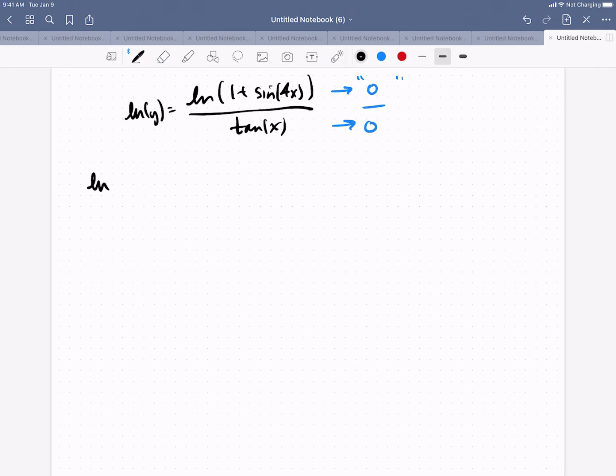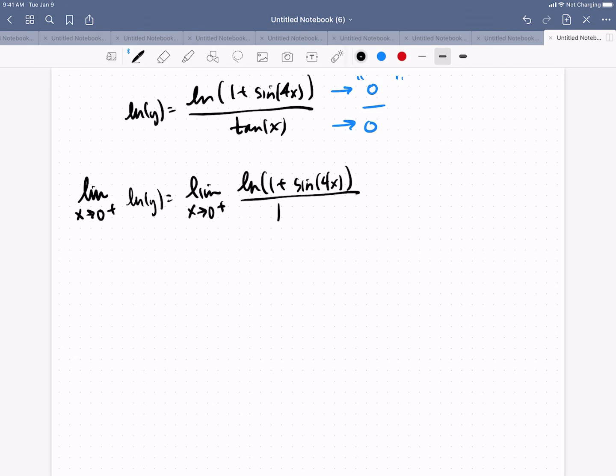So the limit as x goes to 0 from above of the natural log is the same as the limit as x goes to 0 from above of this expression. You may be a little annoyed that I'm recopying all this, but it's good to know exactly where you are.